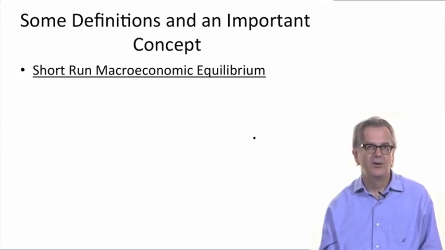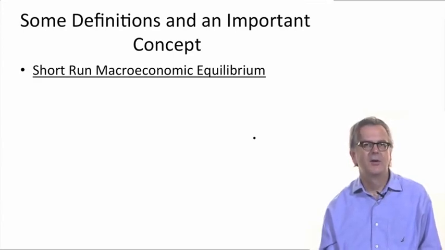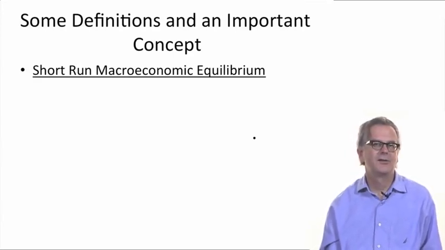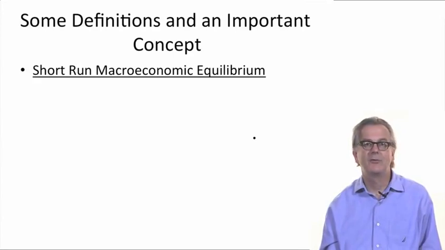But that is not a concept of equilibrium that's terribly useful at the macroeconomic level, at least not in this framework that we're developing here, because we've ruled out prices being able to coordinate decision making, because we're operating at this short run time interval in which prices are fixed.